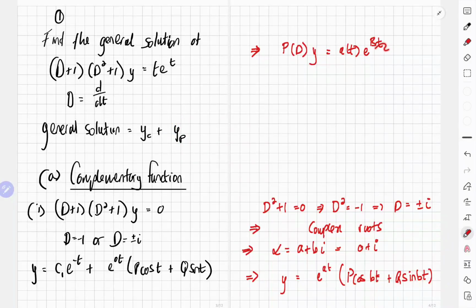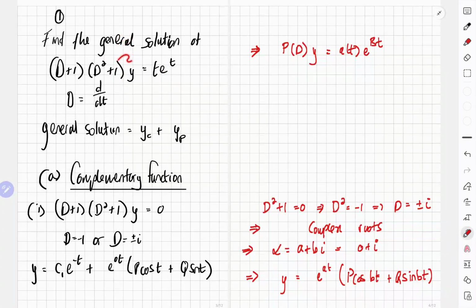Our D operator equation is always in this form: our polynomial in terms of D times y, then we have our function A in terms of t, and we have e to the beta t.